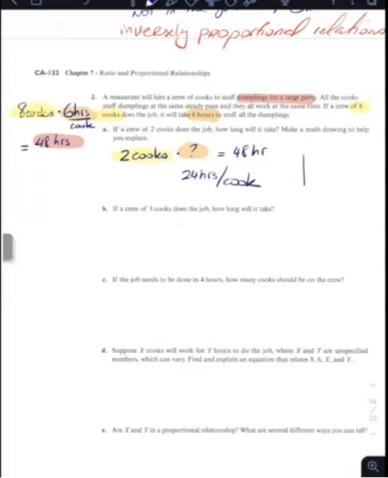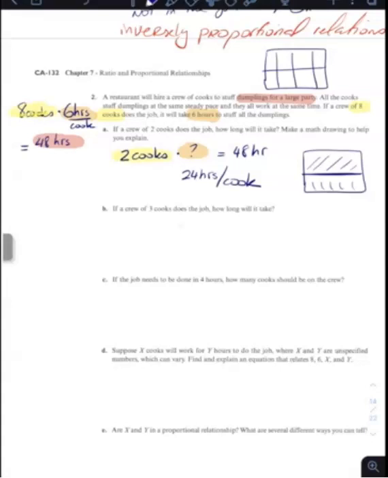So if we have these dumplings, and instead of splitting it into 8, we need to split it between 2 cooks. That's going to be a much bigger job, right, than if we had to take the same job and split it into 8.